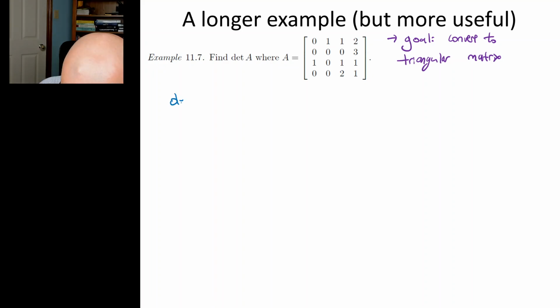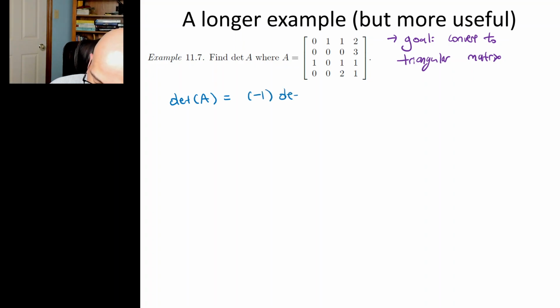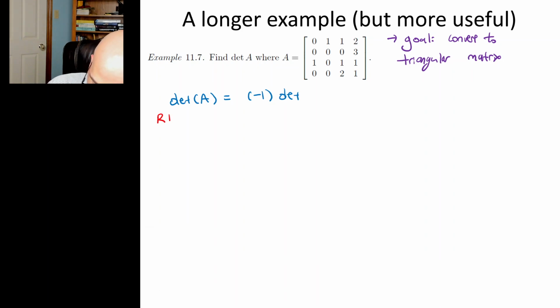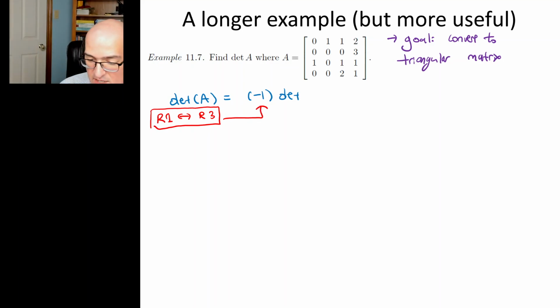So determinant of A is equal to, let's start with getting that row 3 where row 1 is. So that'll cost us a negative sign. So I'm just going to swap row 1 with row 3. That's that minus sign.